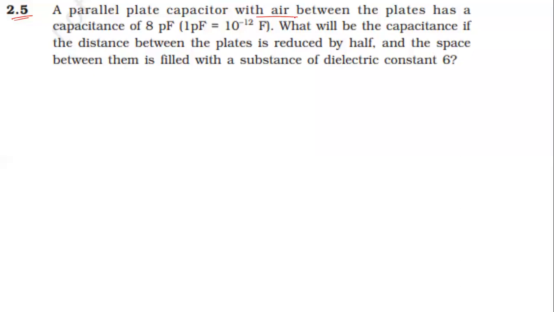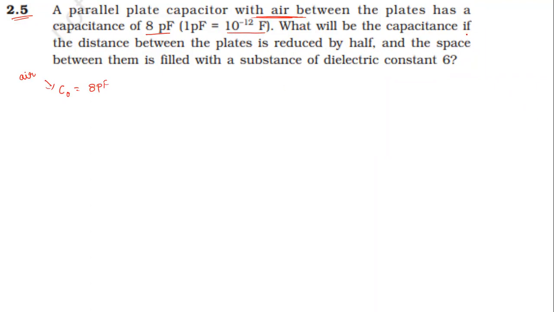See here they give air between them, it's very important. The plate has a capacitance of 8 picofarad. So let's see, that is C naught, 8 picofarad. Here afterwards I indicate C naught means it is air or vacuum medium. Now they've given here 1 picofarad equal to how much? 10 power minus 12 farad.